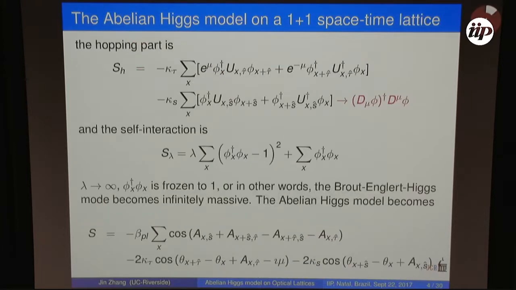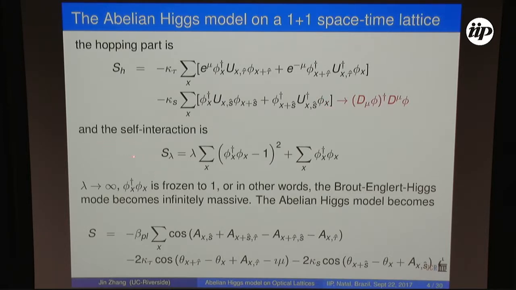And next is the hopping part. It's the link and site interaction. This is the tau direction, the vertical direction, and this is the horizontal or space direction. In the continuous field theory, it is this.